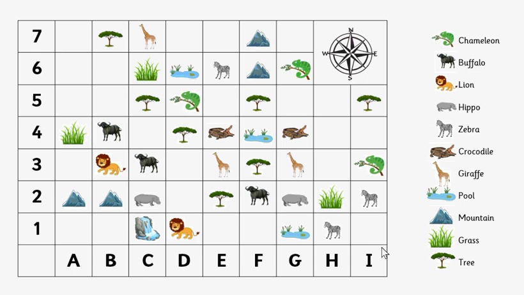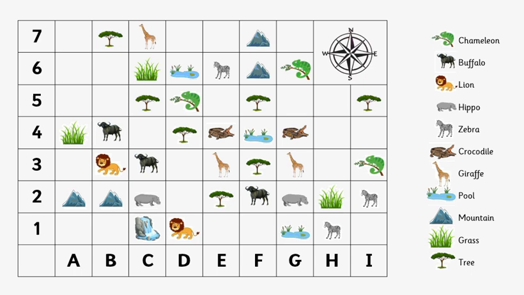Last example for today, everybody. Number 10. Start in box I4, facing north. Make a half turn clockwise and go forward 3 spaces.